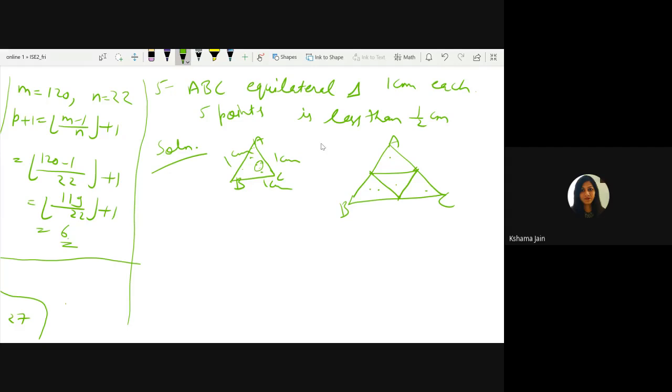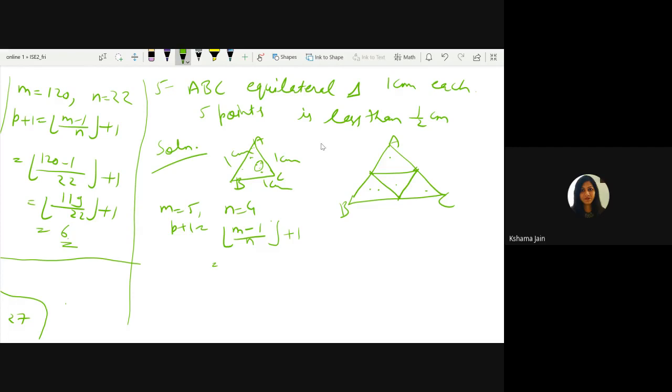Although I will dictate the theory, this question is completely written as a theory, but you should understand it like this. Here you can see M was 5 and N was 4. The possible number of triangles was 4. So N plus 1 was M minus 1.